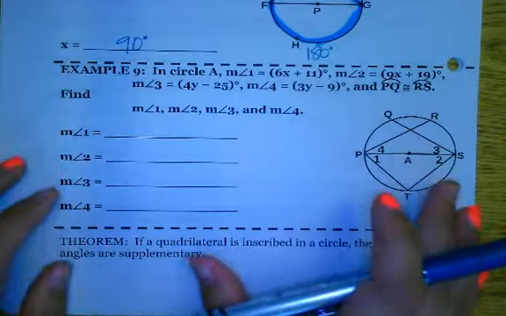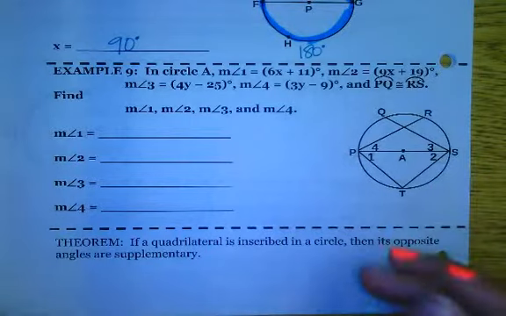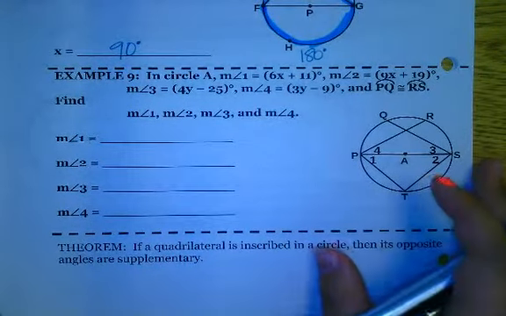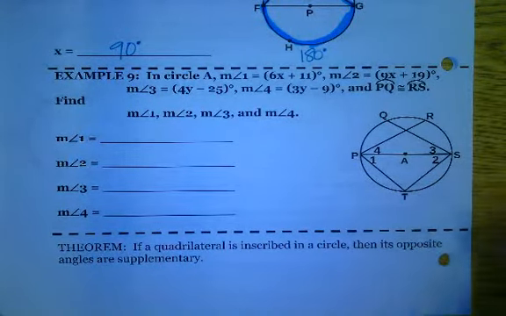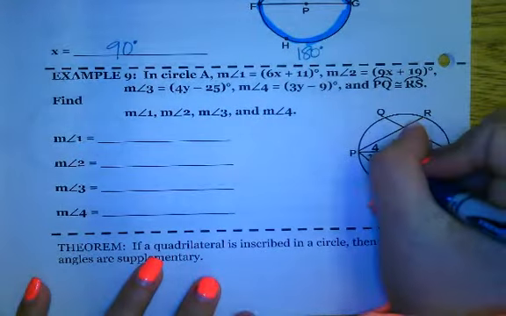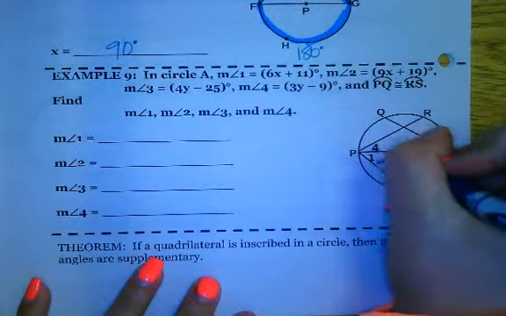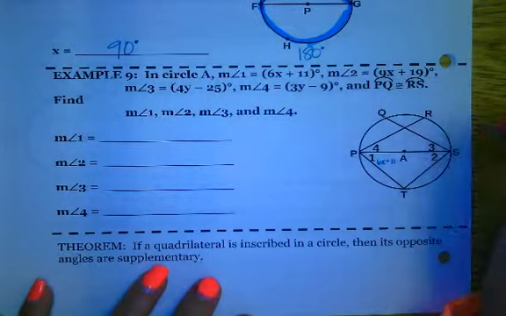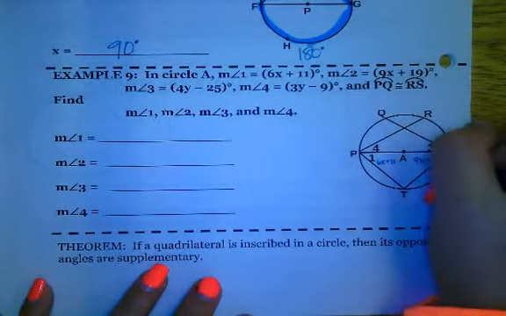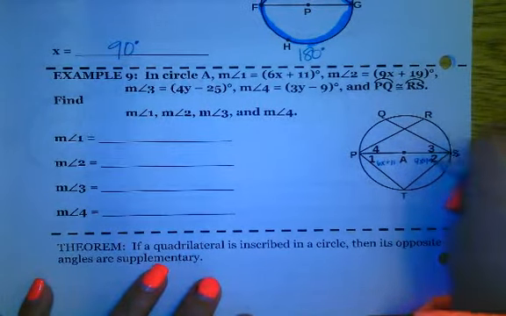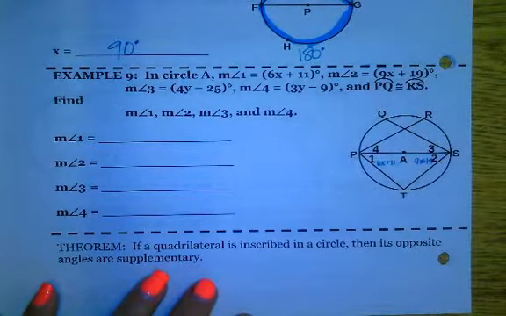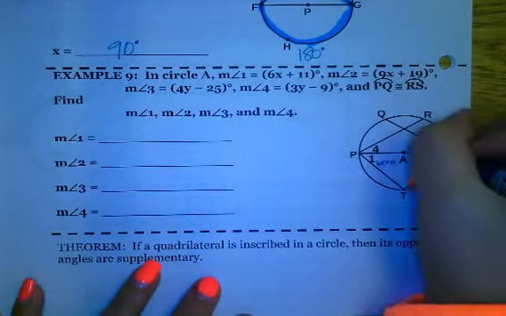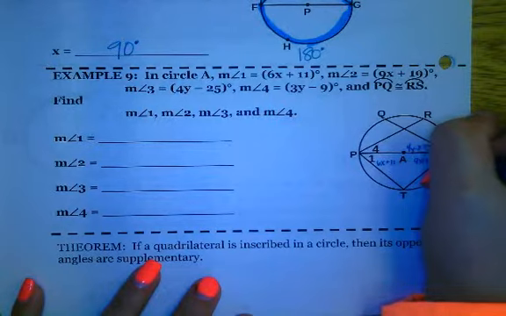Example 9. In circle A, the measure of angle 1 is 6x plus 11. The measure of angle 2 is 9x plus 19. Angle 3 is 4y minus 25. Angle 4 is 3y minus 9.